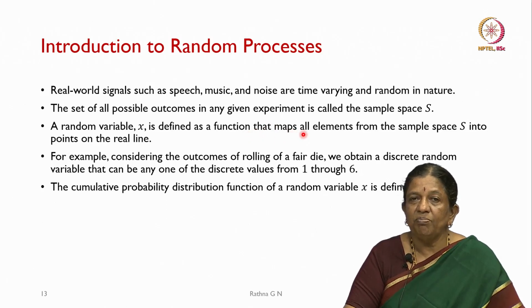This is a function that maps all elements from sample space S into points on the real line. As an example, consider the outcome of rolling a fair die. Okay. So, we have obtained a discrete random variable that can be any one of the discrete values from 1 through 6.